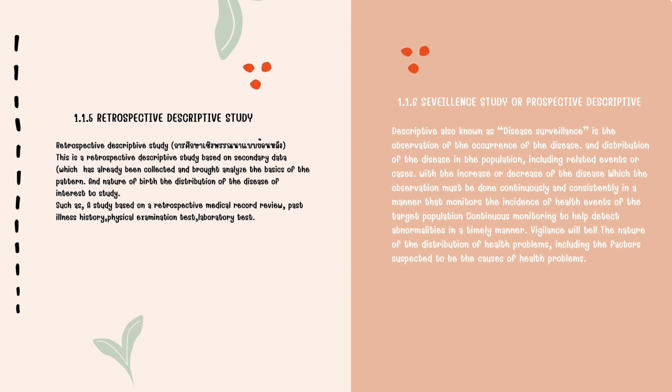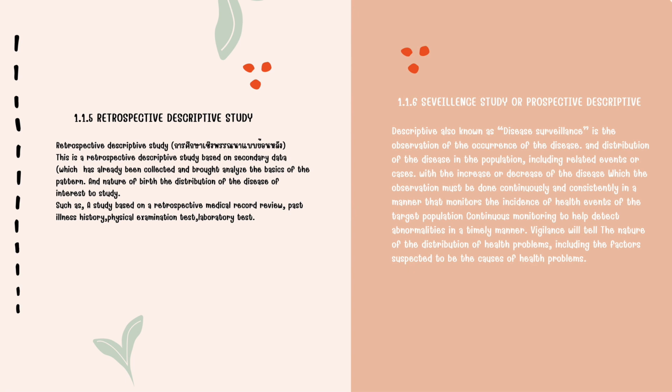The observation must be done continuously and consistently in a manner that monitors the incidence of the health event in the target population, continuously monitoring to help detect abnormality in a timely manner. Surveillance will tell the nature of the distribution of health problems, including the factors suspected to be the cause of health problems.